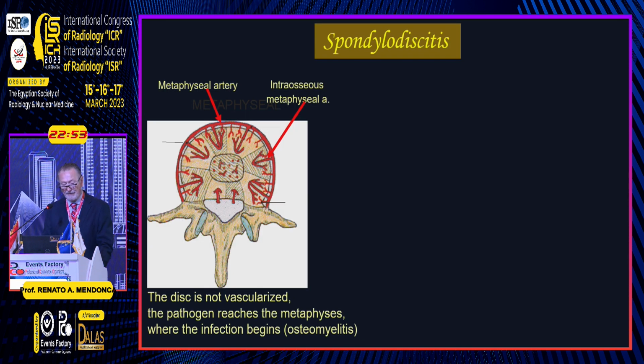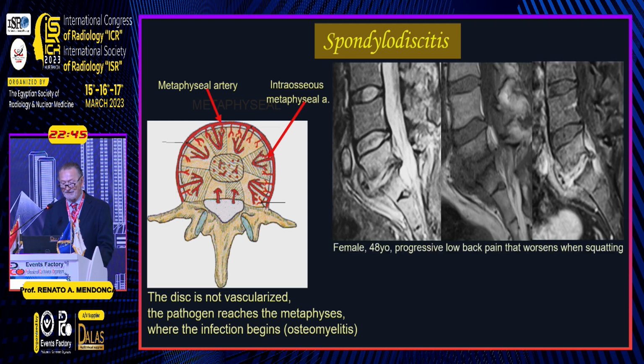In the adults, thanks to the very peculiar circulation of the bone, the infection begins in the metaphysis. So the infection begins in the bone, it is an osteomyelitis, and then spreads through the disc, and after that to the prevertebral and extradural spaces.